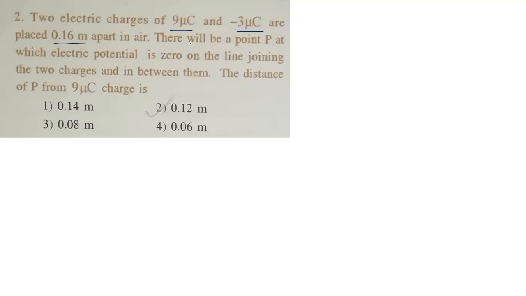There will be a point P at which the electric potential is 0, on the line joining the two charges and between them. This question is based on the null point, or we can say zero potential point. The distance of point P from the 9 microcoulomb charge is what they are asking.